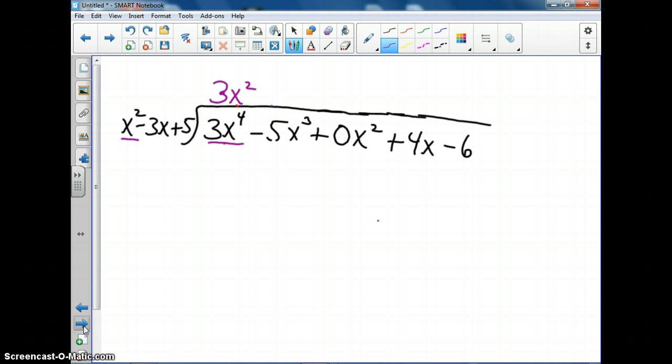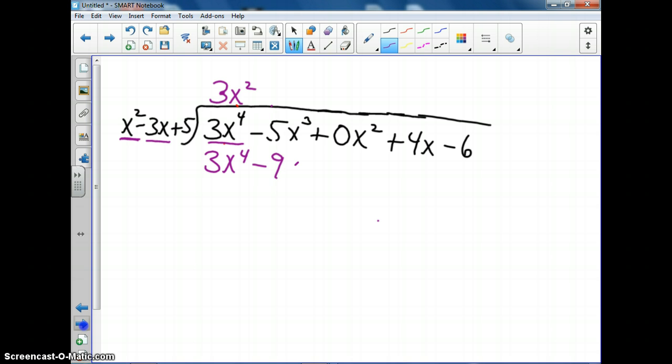So 3x squared times x squared is how much? 3x to the 4th. 3x squared times negative 3x is negative 9x cubed.